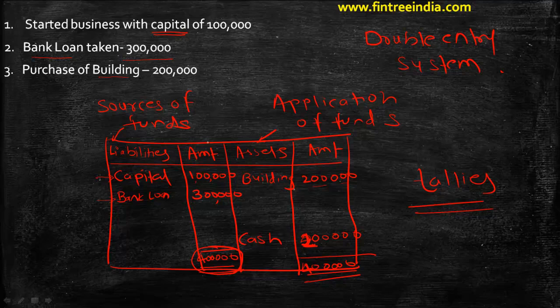Now one final point: we will give a heading to our balance sheet. We would say balance sheet as on a particular date, so let us say 31st December 2012. This "as on" word is really important. It means that this balance sheet is true only on this particular date, which is 31st December 2012.